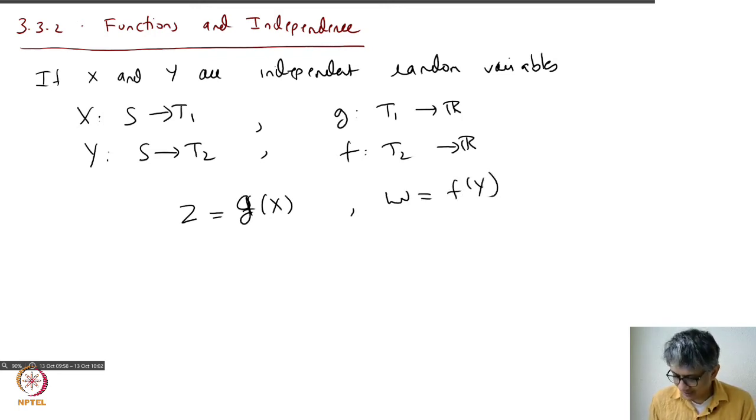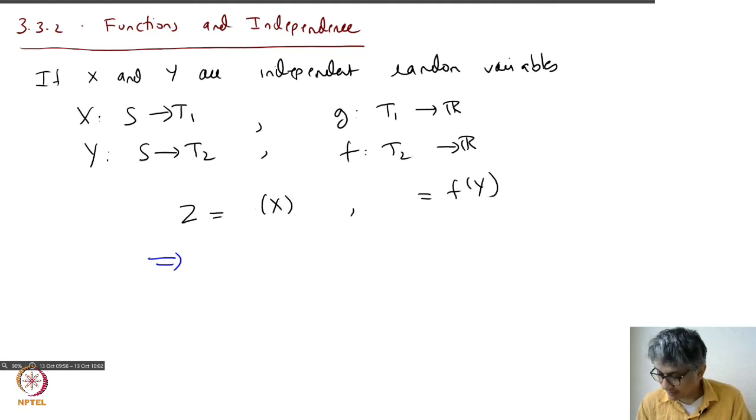So if x and y are independent, there's no reason to believe that z and w will not be independent. Let me write this a little bit better so it's clear. So z is g of x and w is equal to f of y.